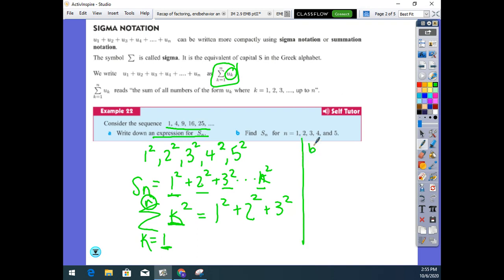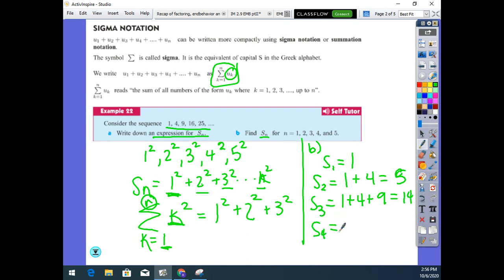All right, letter B, find S sub n for all these values. So S sub 1 is just the first term, which is 1. S sub 2 is 1 plus the second number, which is 4, which is 5. For S sub 3, we're taking the first term plus the second term plus the third term, which is 14.